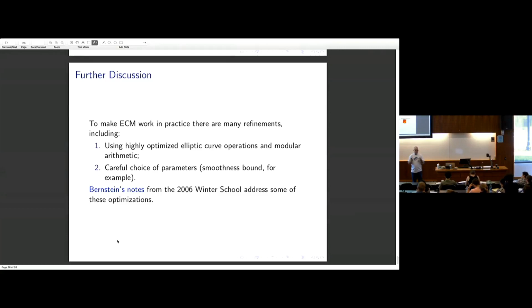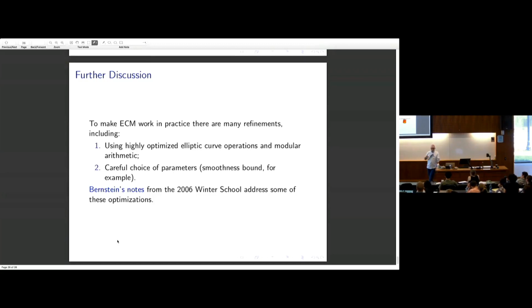Using this, you can make very effective elliptic curve method implementations. There are some notes from the 2006 Arizona Winter School by Dan Bernstein which talk about this, if you're into that sort of thing.